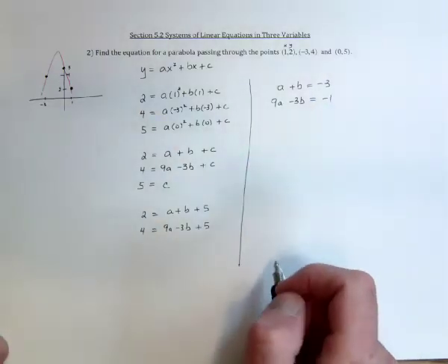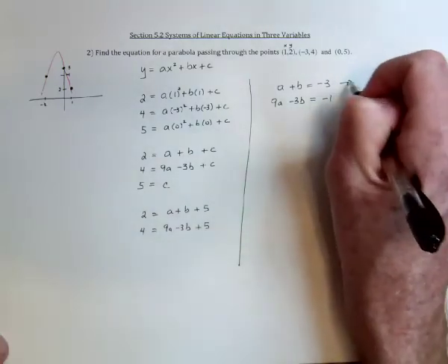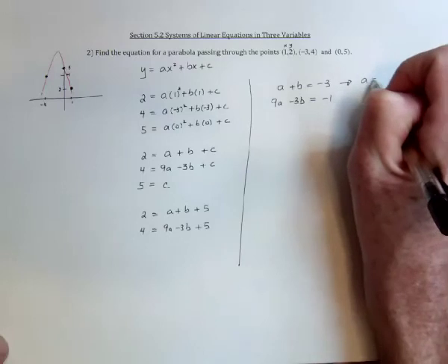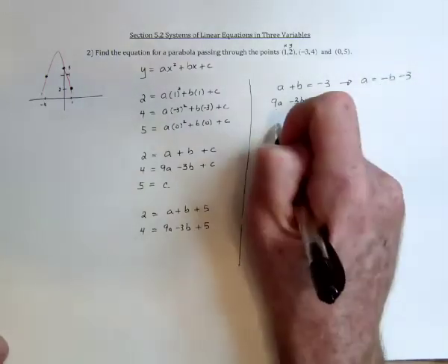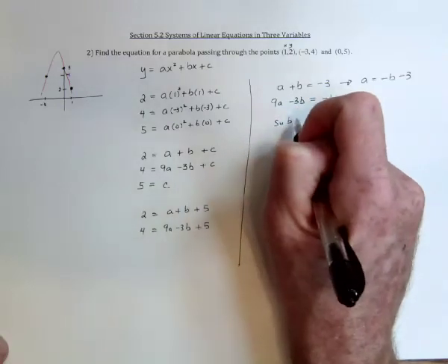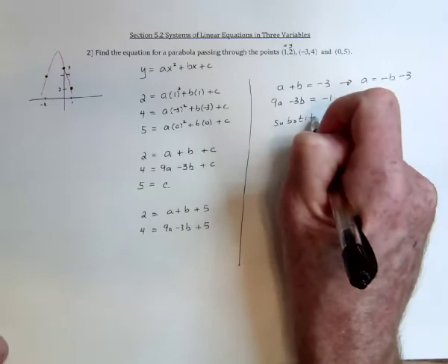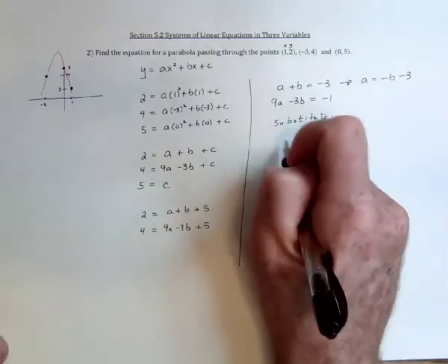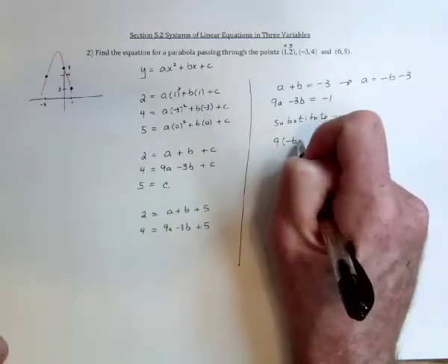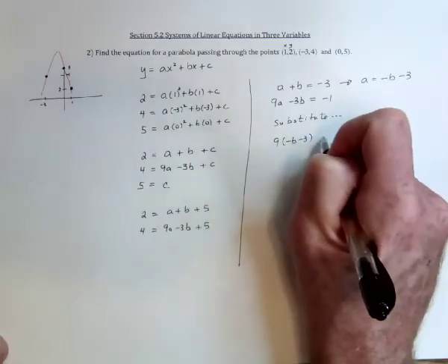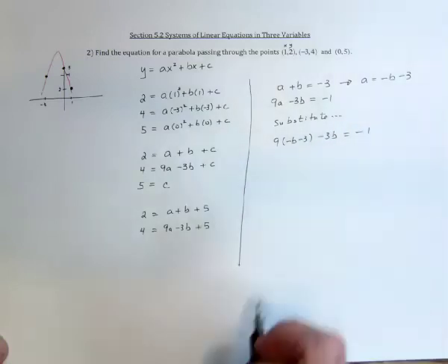And then use either the substitution or elimination method. I think I'll use substitution. So solve for a here. It's -b, subtract 3. And then substitute that into this equation. So it's going to be 9 times a, which is -b, subtract 3, minus 3b is equal to -1.